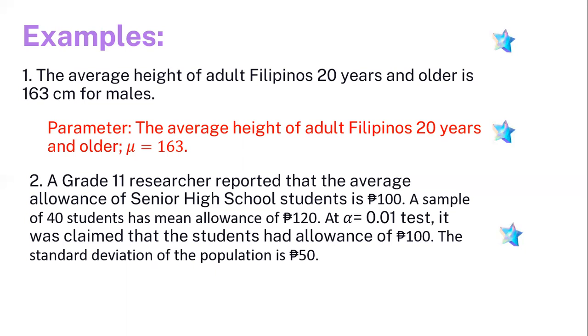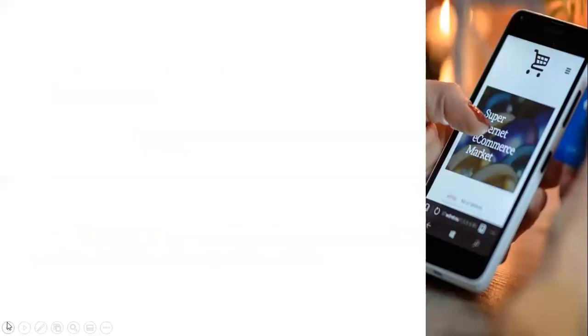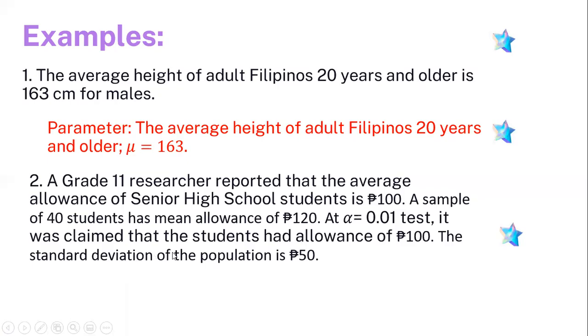So the given, which is 100 pesos, comes from what? Yes, you're correct. From the population. So our mu in number 2, the parameter, is the average allowance of senior high school students is 100. In symbols, mu equals 100.